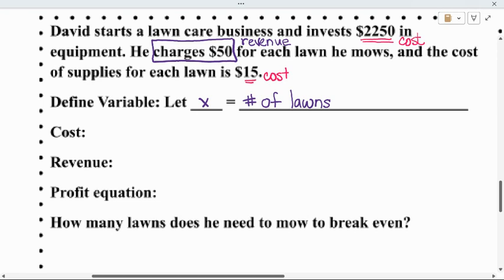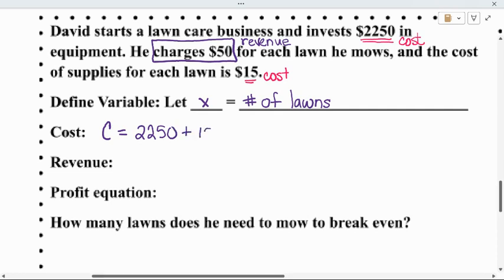So now we're going to break up into two or three different equations. Let's first talk about our cost. Our cost, we represent that with a capital C. So our cost equals what, Tim? 2,250, yeah, plus 15x.